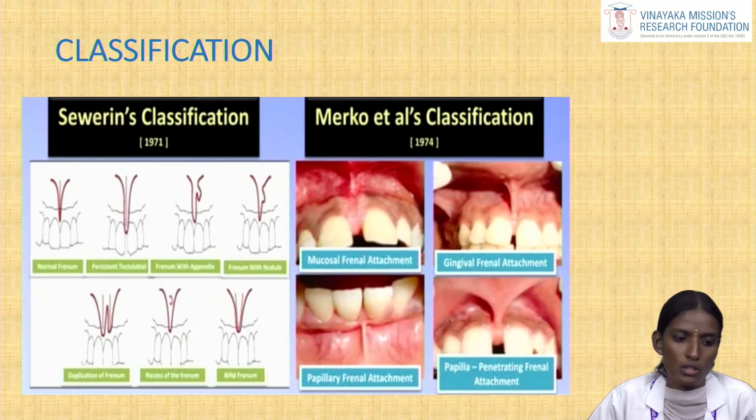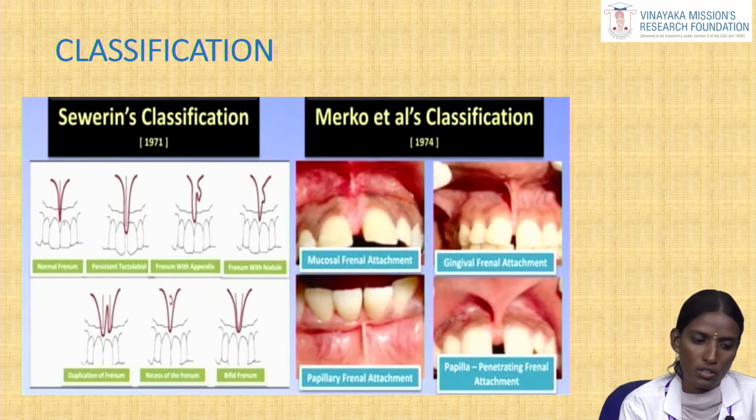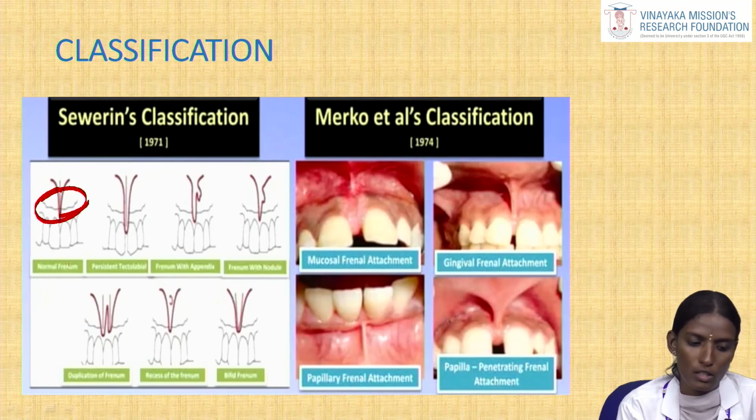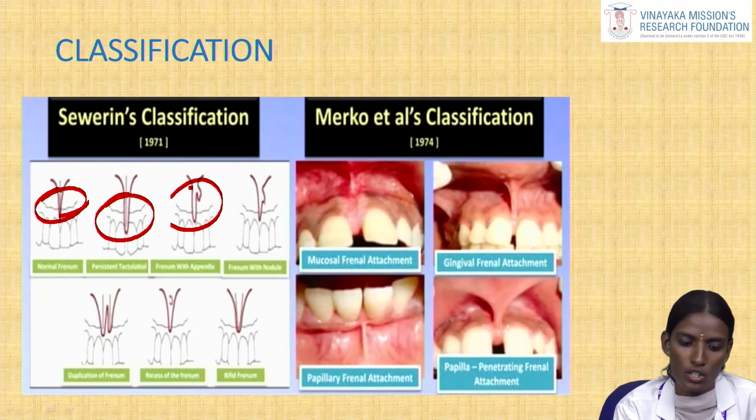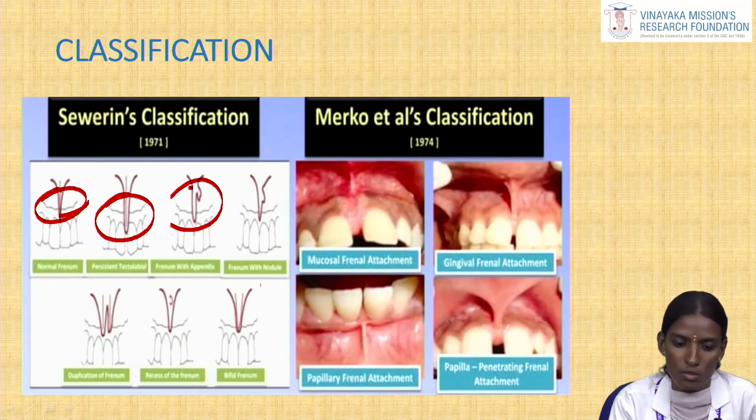Classifications of frenal attachment. Frenal attachment was classified by Sewerin and by Mirko et al. In Sewerin's classification, there is the normal frenal attachment between the labial frenum and the mucosa of the dentoalveolar region. Then persistent attachment of the labial mucosa, frenum attached to the appendix, frenum attached to the nodule, duplication of the frenum, and a mild frenal attachment.